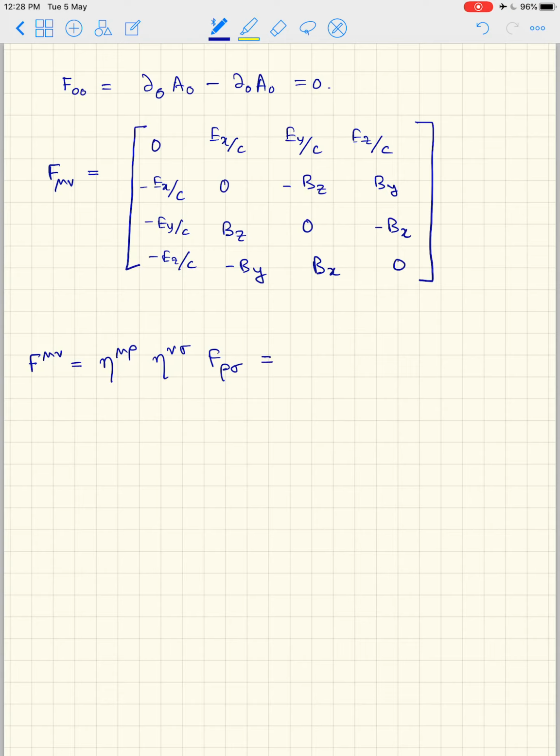And if you compute this, what you will find is that this is a very similar form, but it has some signs which are switched over. So this is minus Ex over C, minus Ey over C, minus Ez over C, it's Ex over C, Ey over C, Ez over C. This is 0. This does not change sign.